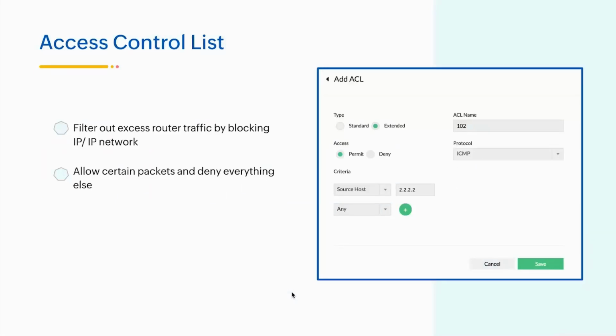ACL, or access control list, is a feature that lets you deny or allow access to specific IP addresses. You can filter out traffic for layer 4 applications by blocking IP addresses that hog your network.